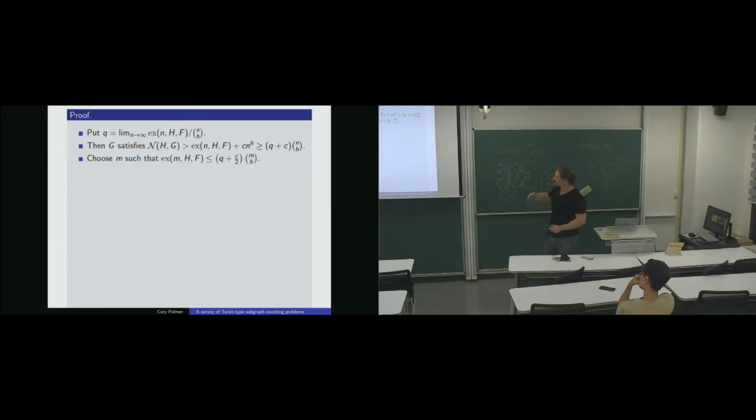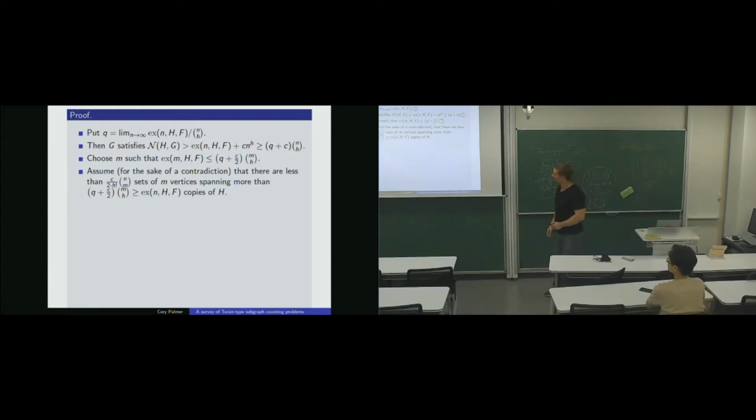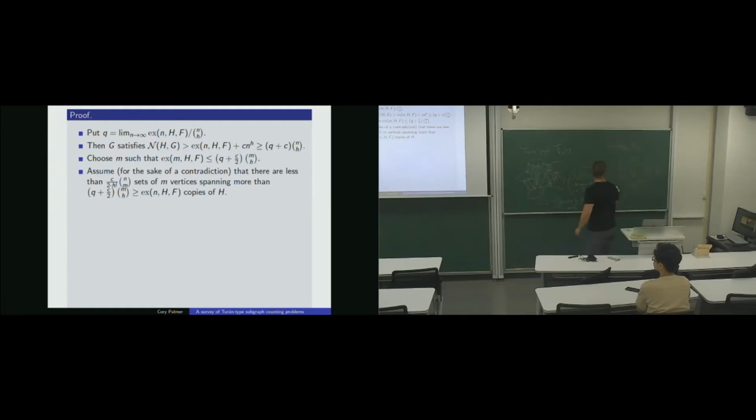Okay? So think of M as growing, but maybe it doesn't quite reach up to N, and N's really tending to infinity. Then we're going to make this assumption for the sake of a contradiction. Let me draw a little something here so this is a little clearer.